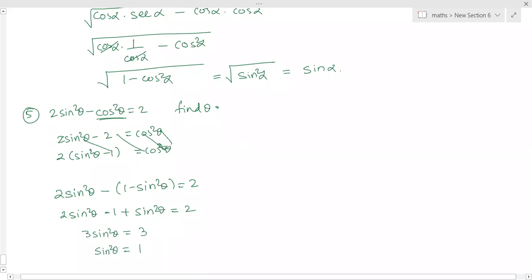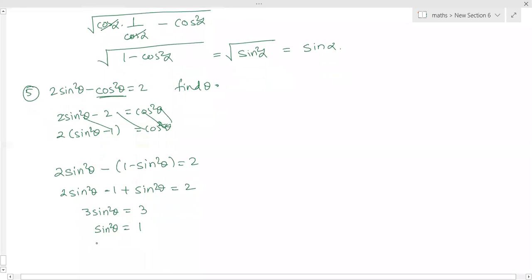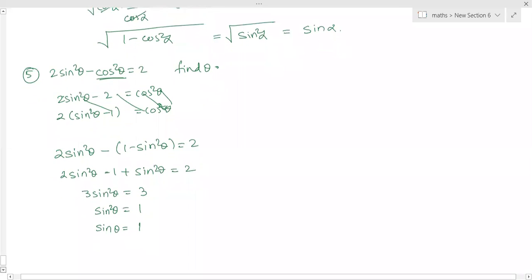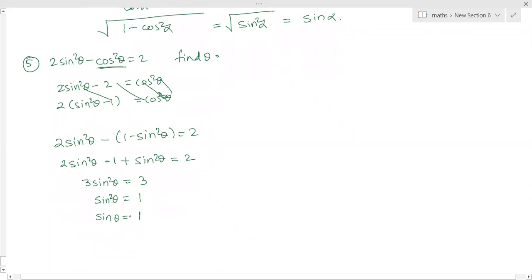Sine square theta is equal to 1. So sine theta is equal to 1. So for which angle is the sine value 1? 90. Theta is 90 degree.